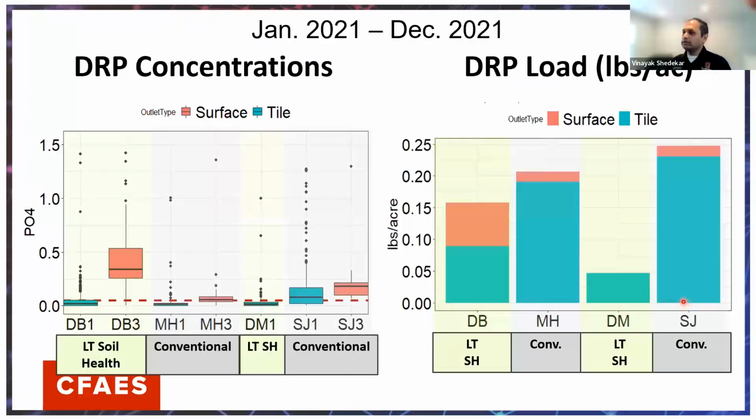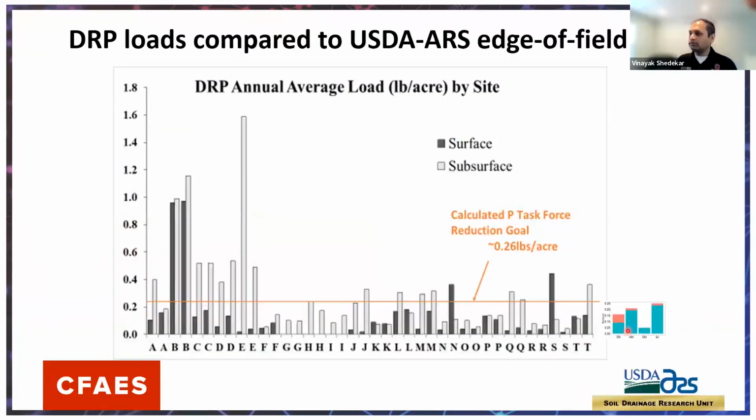Dissolved phosphorus is a very unique story. You see very high concentration at one of our long-term soil health fields, and that made us think. But when we looked at the total phosphorus losses, and I apologize for the small figure here, really trying to show you where these 4 fields stand on the entire spectrum across Northwest Ohio's 40 fields.